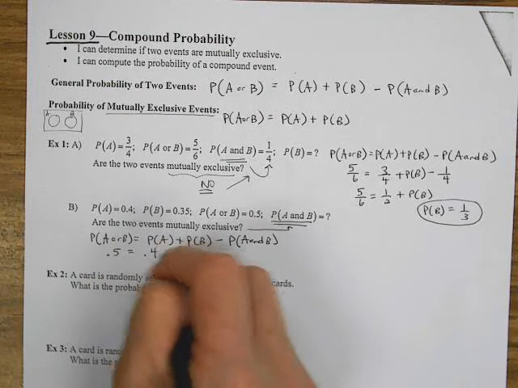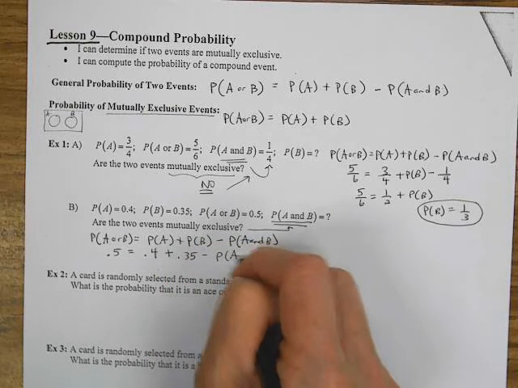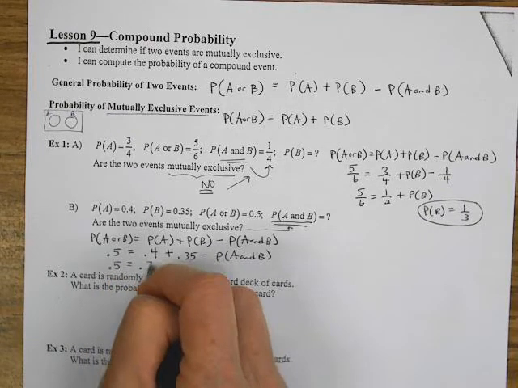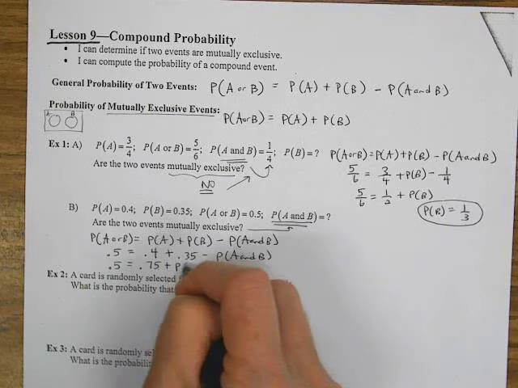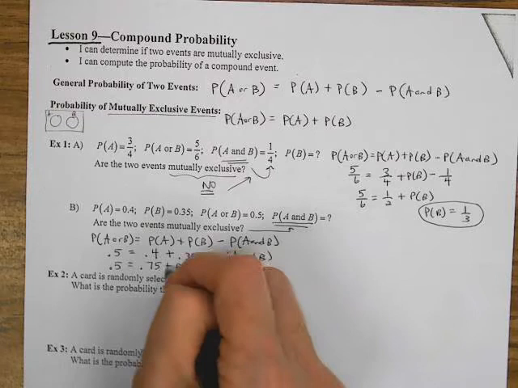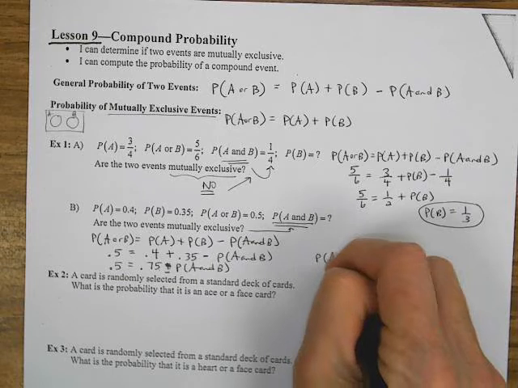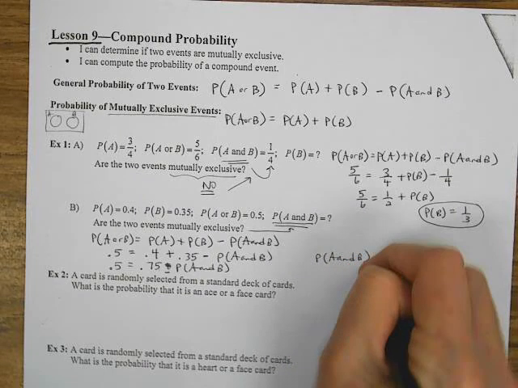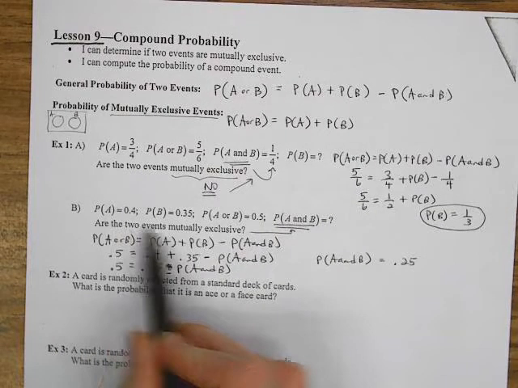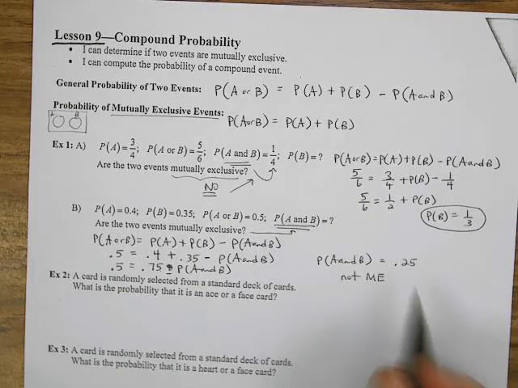This is 0.4 plus probability of B, 0.35 minus probability of A and B. So that's 0.5 equals 0.75 minus the probability of A and B. I'm sorry, not plus. That should be a minus right here. So if I solve, that means the probability of A and B is going to come out to be 0.25. So since that has a value, are they mutually exclusive? I'm going to say no, they are not mutually exclusive because this has a value.